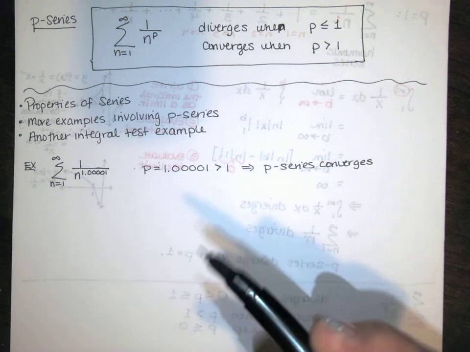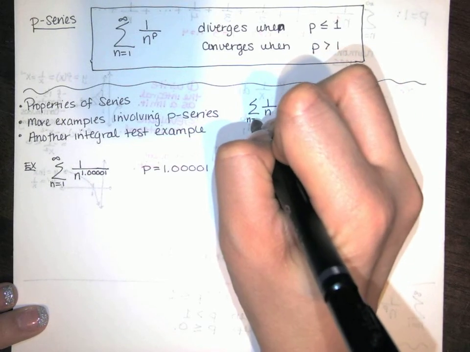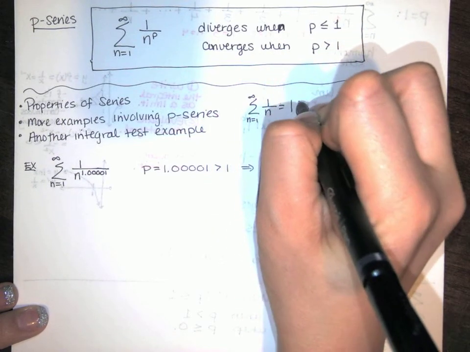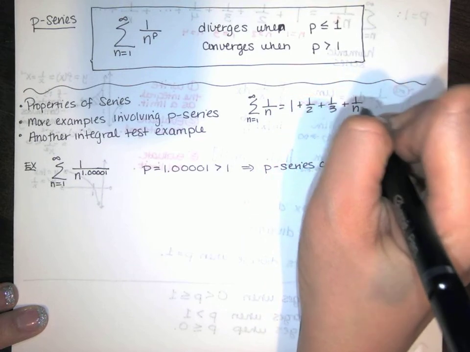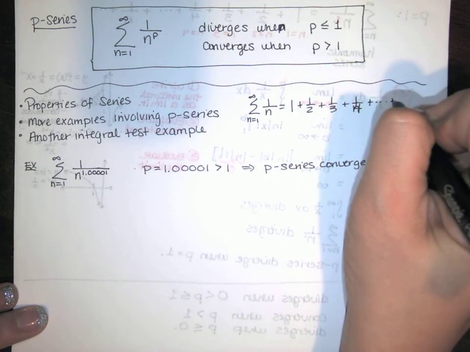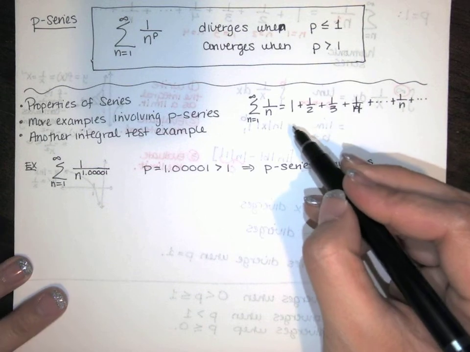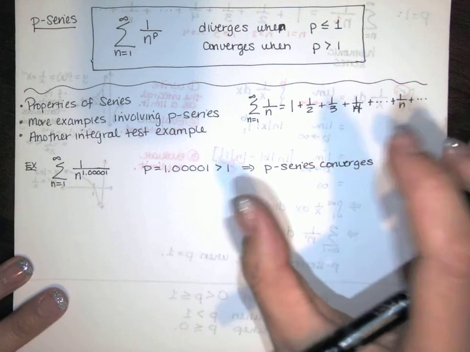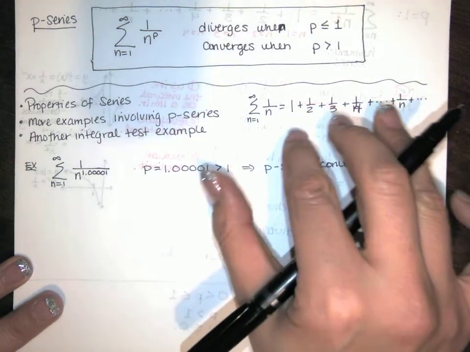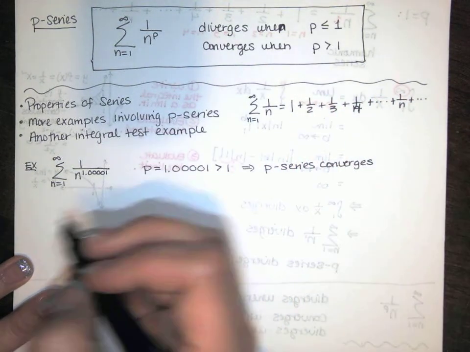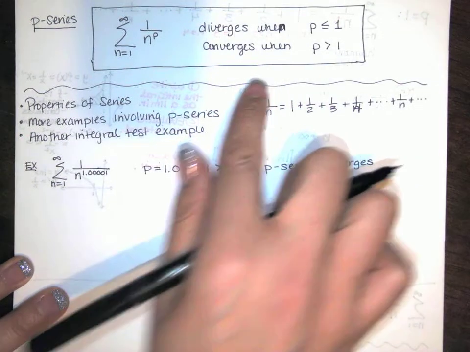So for our harmonic series, 1 over n, that's 1 plus 1/2 plus 1/3 plus 1/4 and so on. This sequence of partial sums was very, very slowly growing to infinity. So this one diverges. And this is what I think is so cool about this problem.